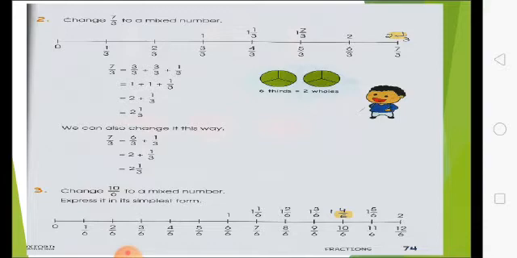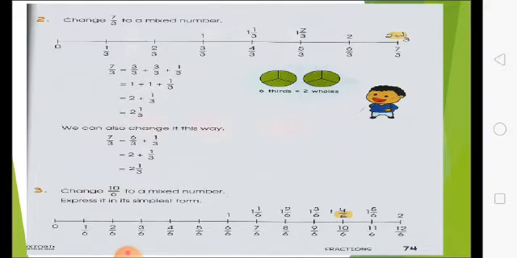Now we have to find the next missing mixed number. If you look at the explanation, it says that 7 by 3 equals 3 by 3 plus 3 by 3 plus 1 over 3, because we have represented this improper fraction in a different way.